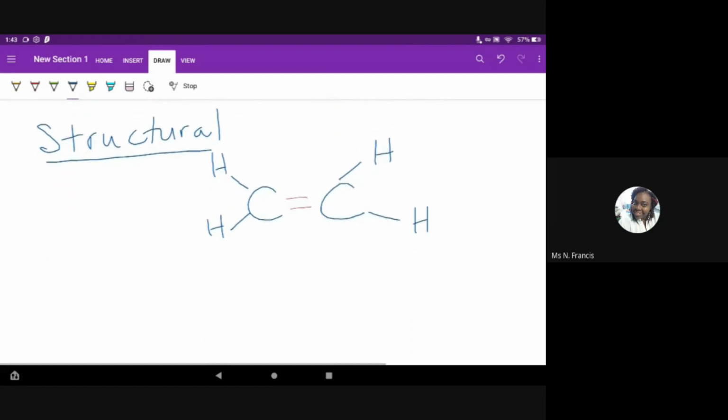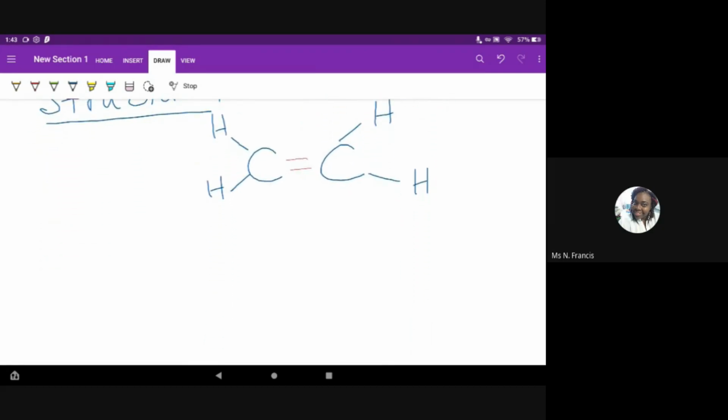Now we need to move on to our third. We need to do our condensed formula. For our condensed formula for our alkenes, it's going to require us to actually show where the double bond is positioned in the structure. You remember when we were doing our alkanes that we can just write CH3, CH2, CH2, CH3, and we were good.